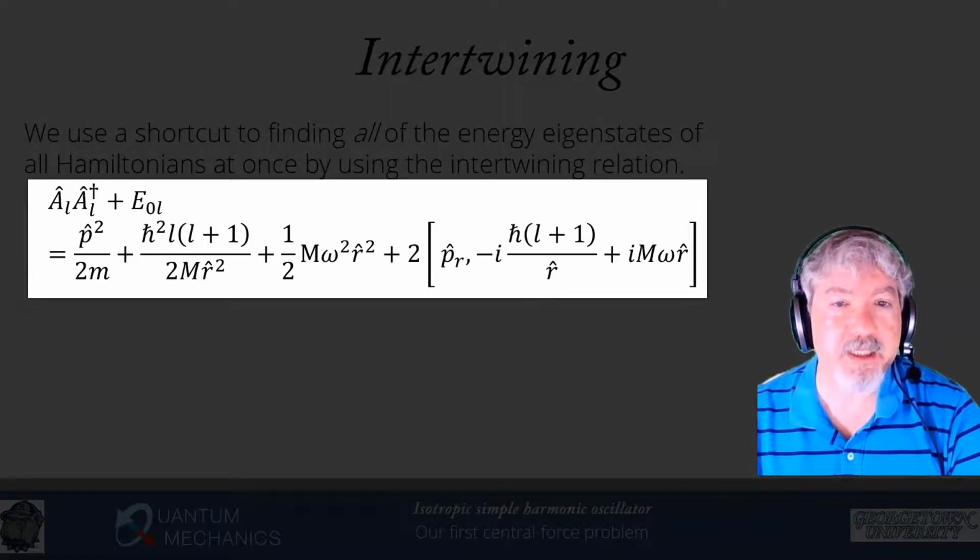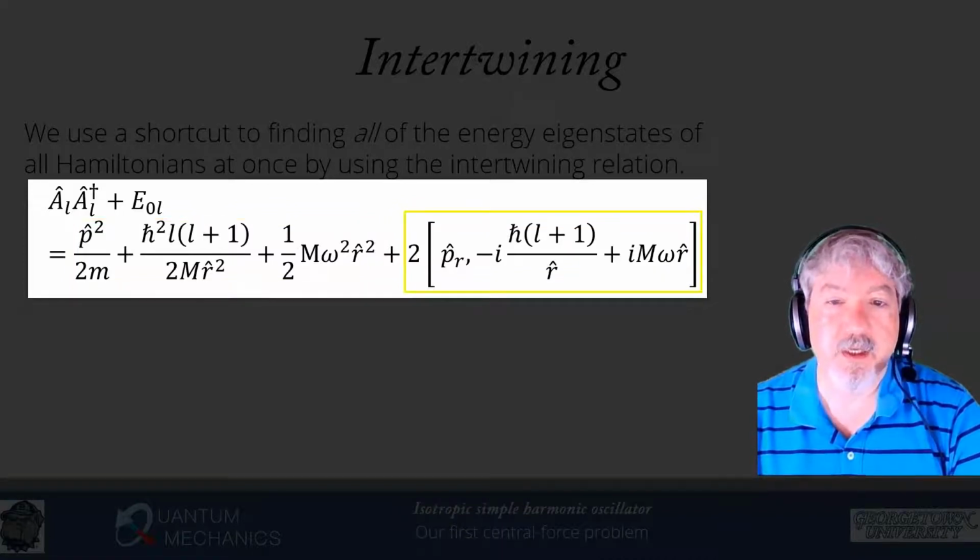When we plug that in, I'm plugging in what the H_L is. That should be P_R squared. P_R squared over 2m plus ħ squared L times (L plus 1) over 2m R squared plus 1/2 m ω squared R squared, plus 2 times the commutator of P_R with minus iħ (L plus 1)/R plus i m ω R hat.